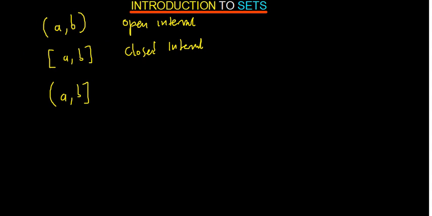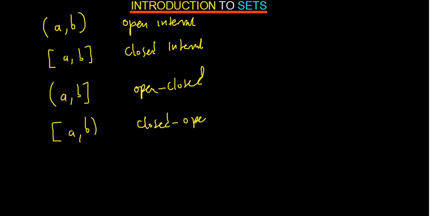So this is an open closed interval. You can also have this. You start with this one and then this one. This is a closed open interval, meaning that this first number which is here, we are including it. The second number, we are not including it. So that's the difference when it comes to these intervals.